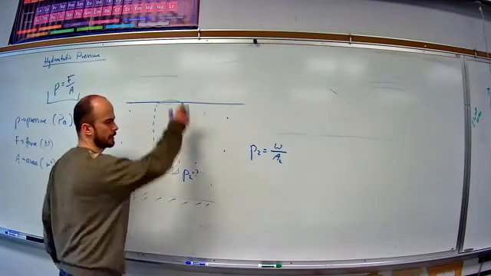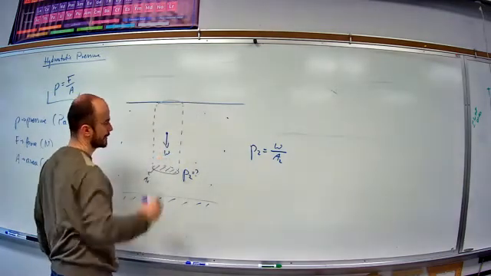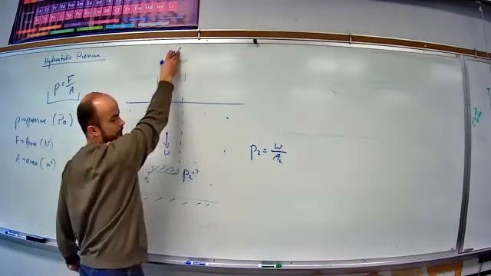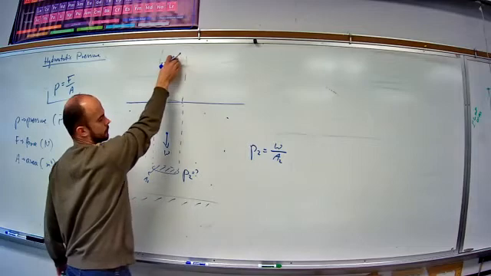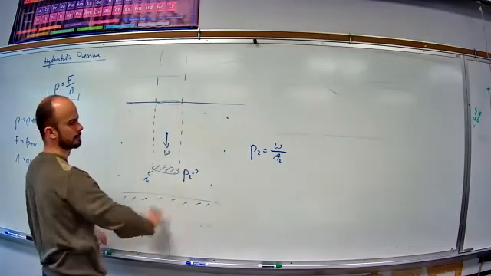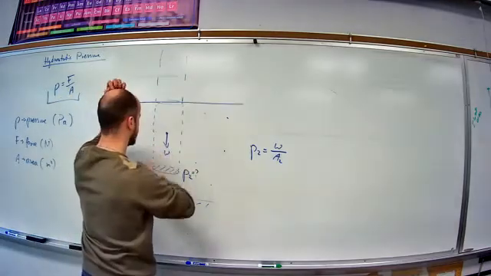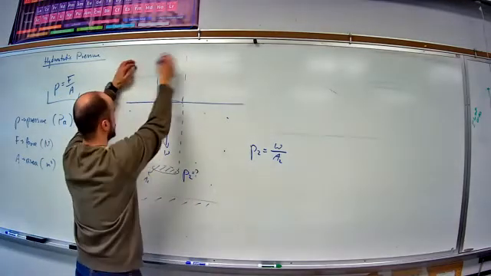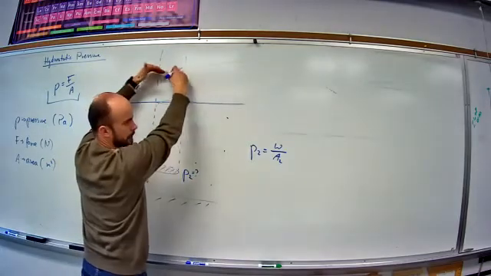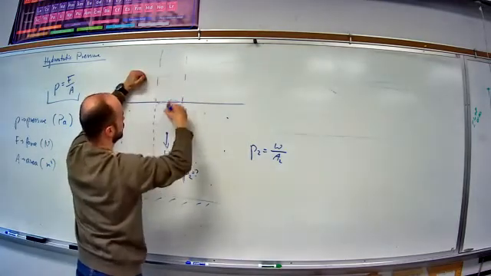It would be true if I had no atmosphere here. But as it stands, I also have this entire section of the atmosphere, the weight of the atmosphere, also pushing against that. So if this is a lake, I cannot ignore the atmosphere. There is the atmosphere all over the place here, and on the surface of the water the atmosphere is pushing against that as well.